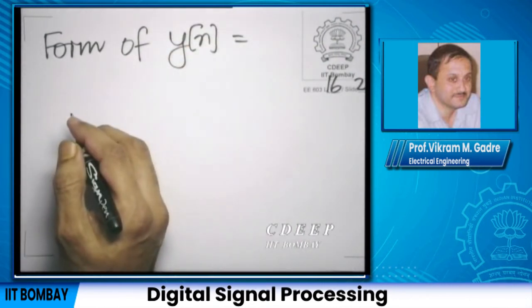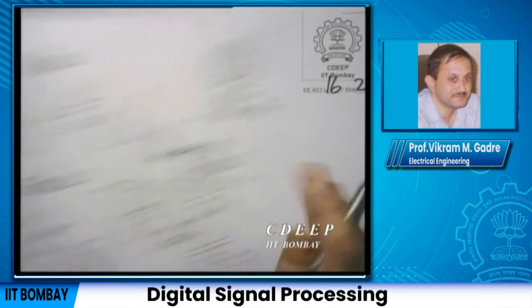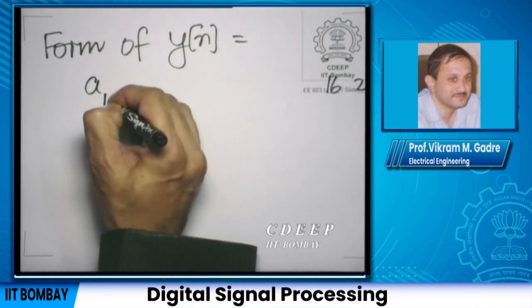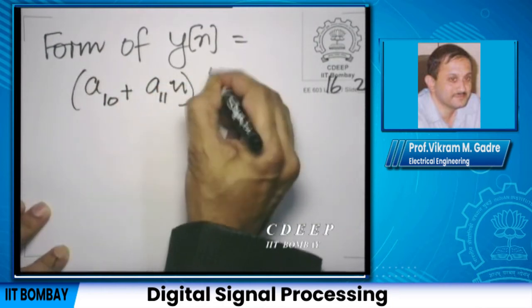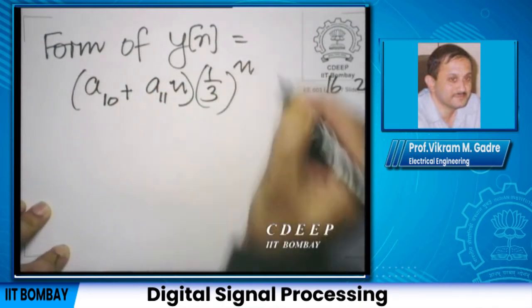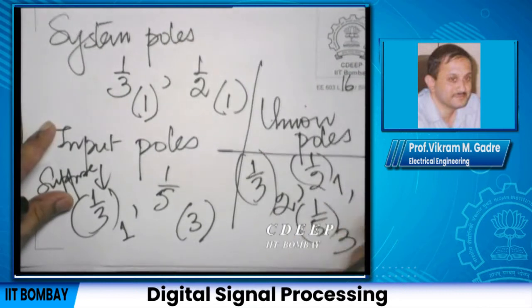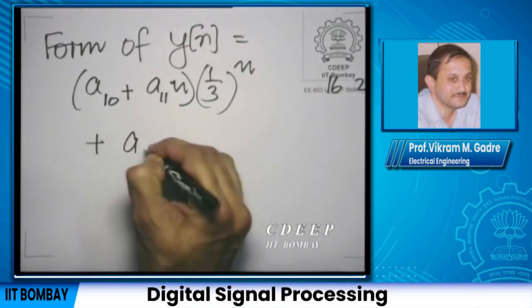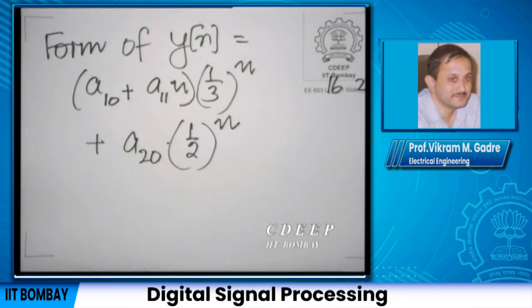Now, take each pole in turn. 1/3 occurring with a multiplicity of 2 contributes a10 plus a11 n times (1/3)^n. 1/2 with a multiplicity of 1 contributes a20 into (1/2)^n.